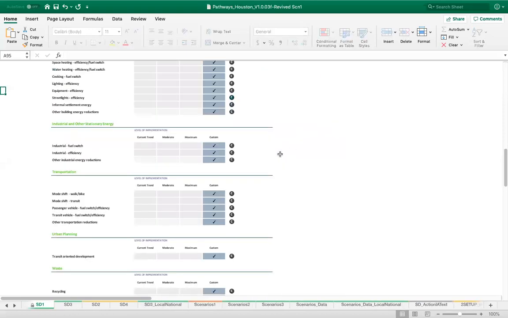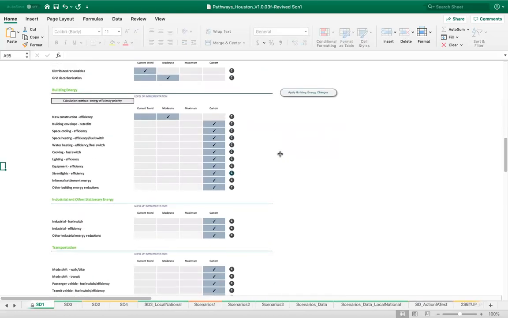And on the building side, the U.S. Energy Information Administration has a big database by building type. It has a lot more detail than just, for example, single family versus apartments.